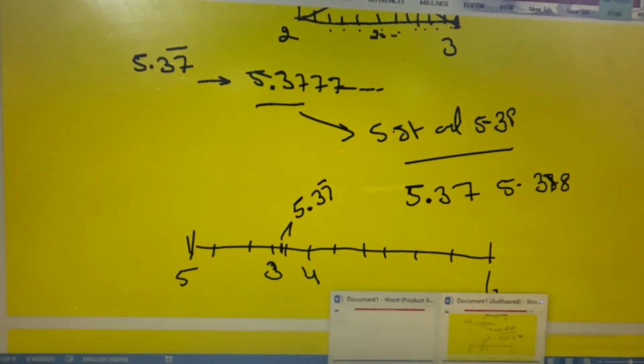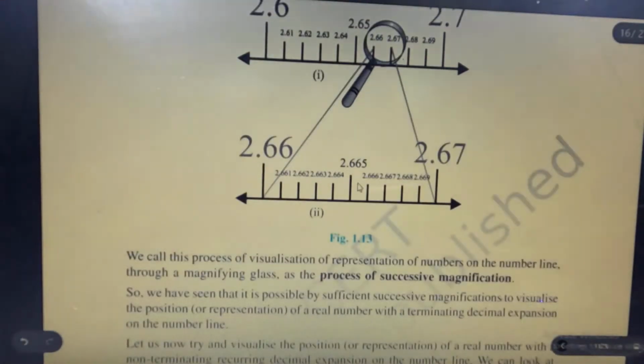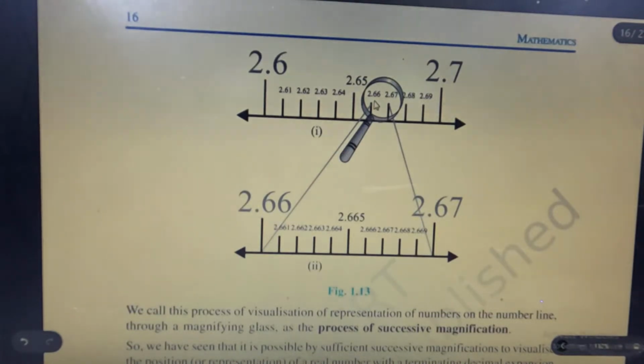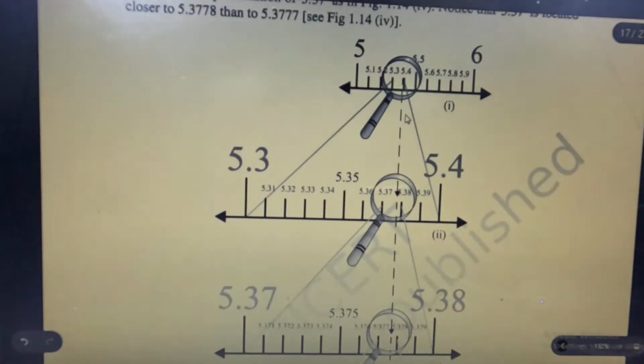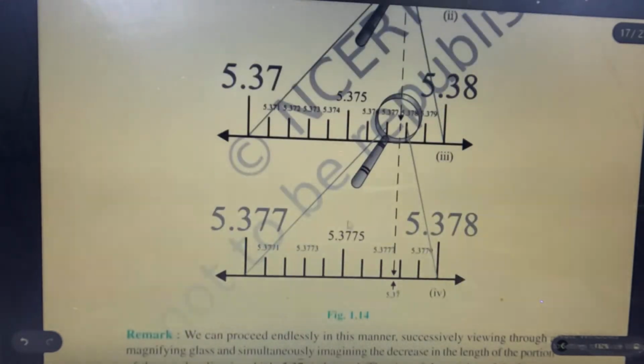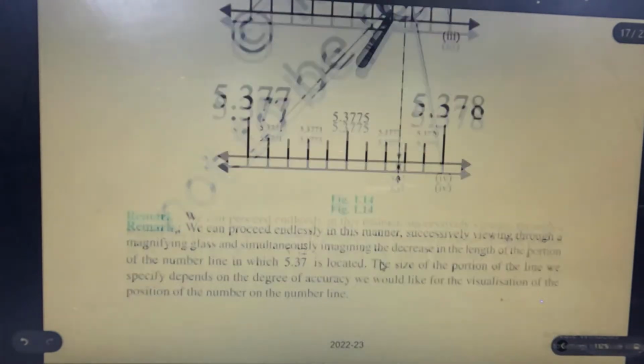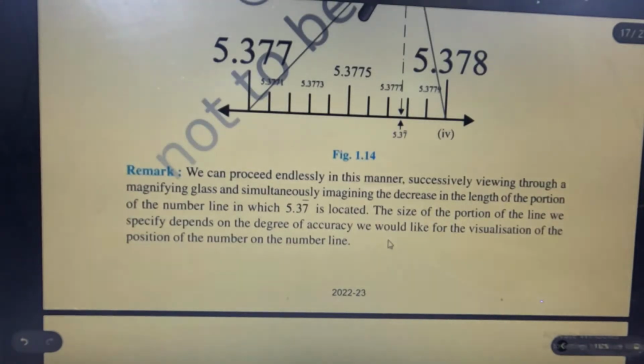So we can proceed endlessly in this manner, successively viewing through the magnifying glass and simultaneously imagining the decrease in the length of the portion of the number line in which 5.37 bar is located.